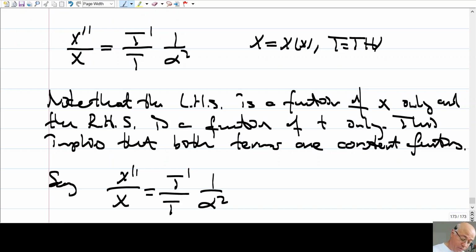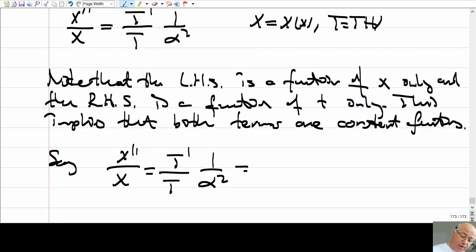Both of these are constant functions. Let's say this is equal to minus lambda squared. Minus lambda, sorry. We will see why we choose minus lambda, where lambda is a constant.